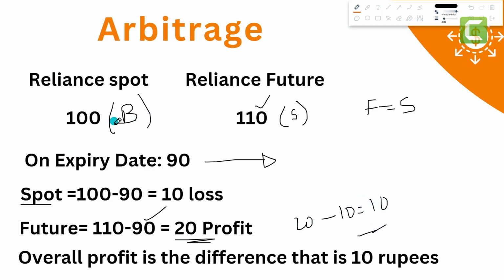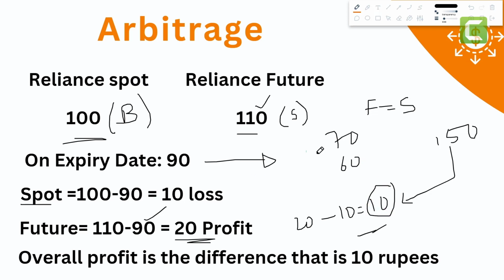It's just like the hedging concept, but in hedging we just make sure we protect our gains and don't expose ourselves to too much loss. Here in arbitrage, irrespective of where the market closes, even if it closes at 150, you will earn only the 10 points difference. Whether the price expires at 70 or 60, you still earn only this difference. If you want, you can also calculate it.